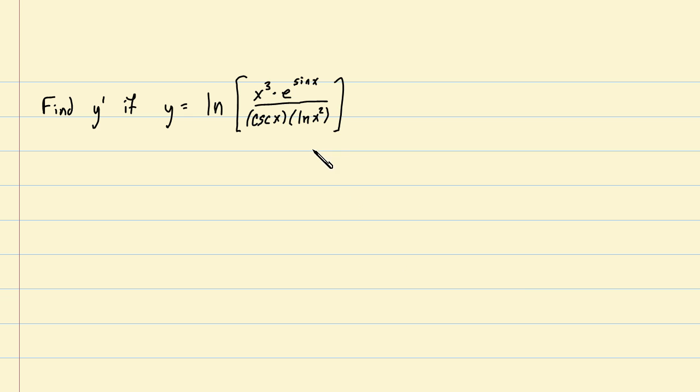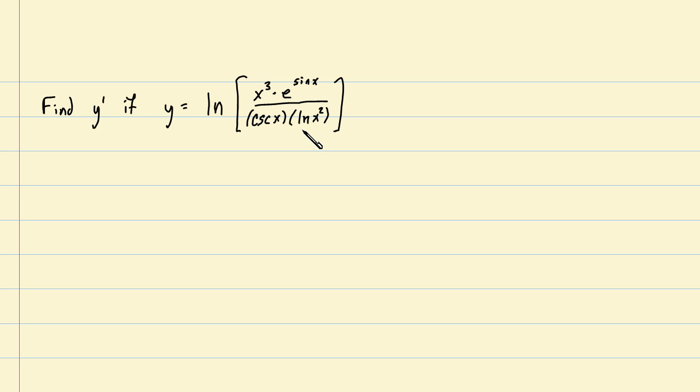Okay, in this problem we need to find the derivative of this expression. And this is kind of a nasty looking expression here. Let's think about this. If we were to attack this directly, we might say, well, overall it looks like I'm looking at a composition of the natural log function and this rather ugly expression here. So I could use the chain rule.